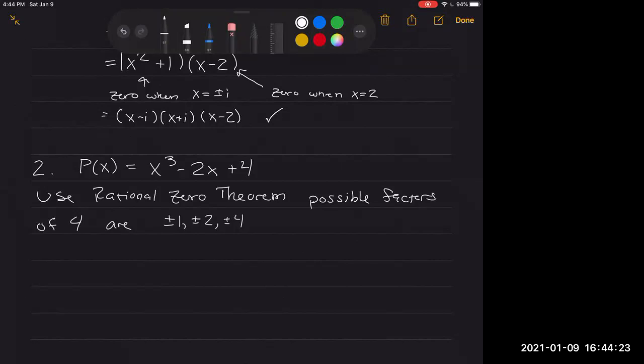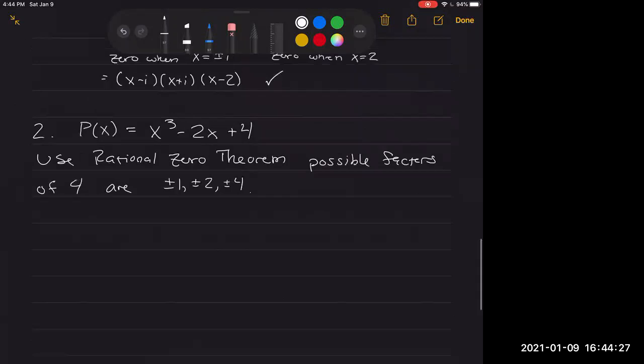So now we need to test for zeros. I'm just going to let you guys know that -2 is a 0. You guys would need to check on your homework until you found one.